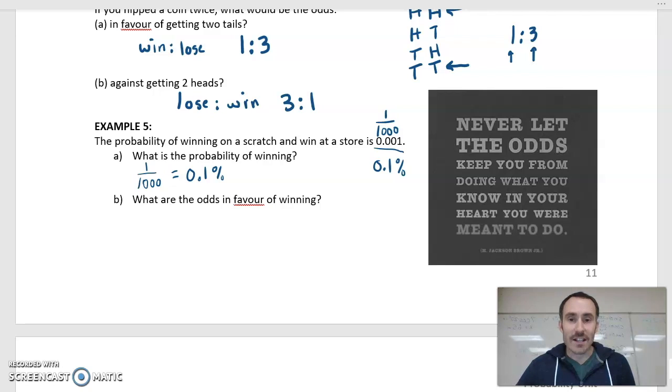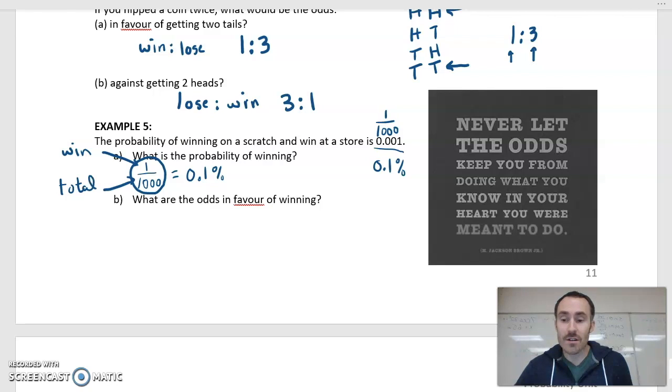Finally, what are the odds in favor of winning? Let's look at this fraction over here. Now this is an important way of doing it. If this is the probability of winning, remember that the 1 on top is the desired outcomes, or the winners, and the bottom is the total. That's how probability works: desired divided by total, or winners divided by total. So if there are 1,000 outcomes in total, and one of them is a winner, how many are not winners?